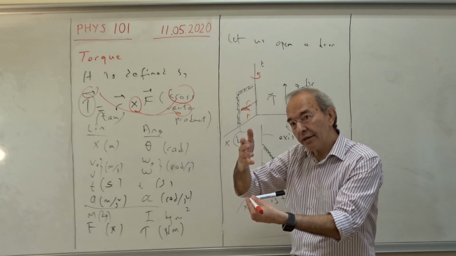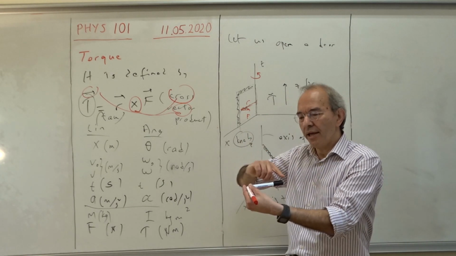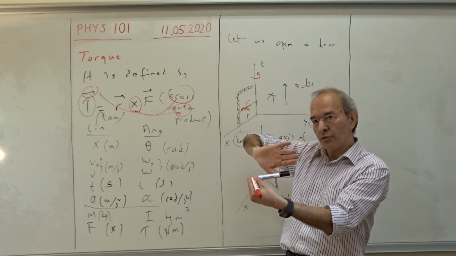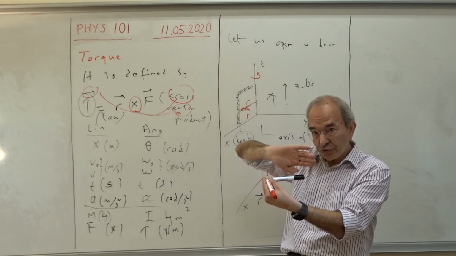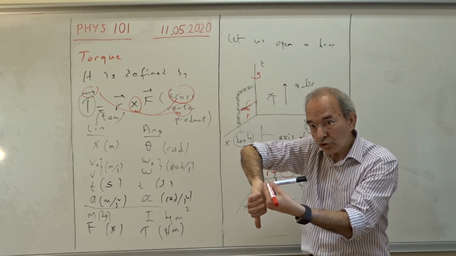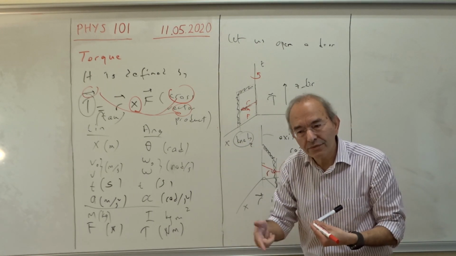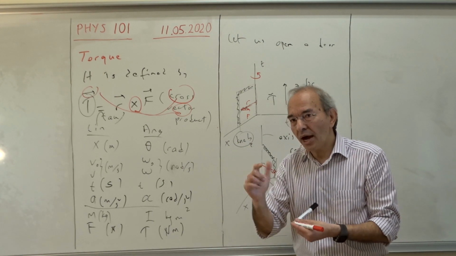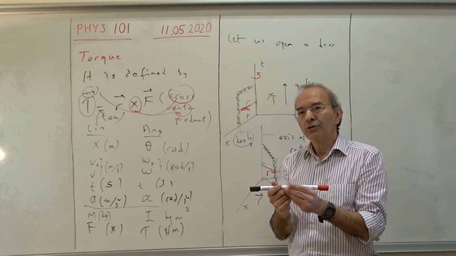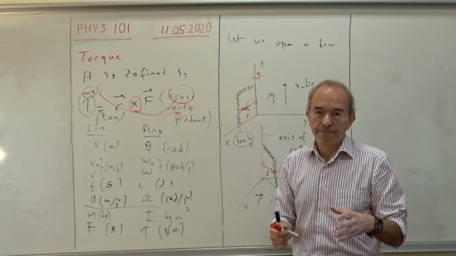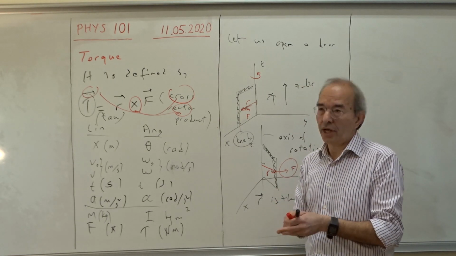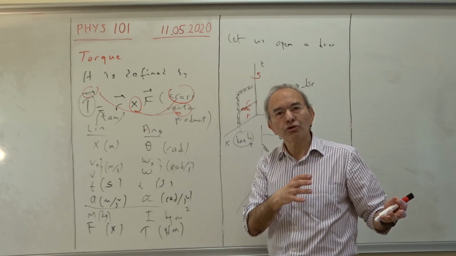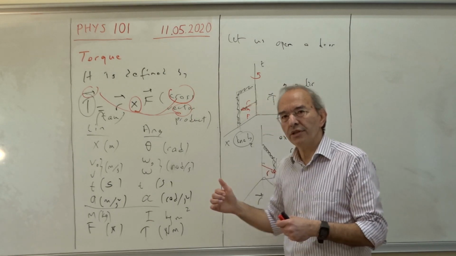But for F cross R, if it were the reverse order, you would curl your right hand fingers from the first to the second, F to R, and your thumb would show just the opposite sense, which is the negative z-axis. So R cross F and F cross R are two opposite vectors. So please be careful about the order, first of all. R cross F, or U cross V, V cross U, as we will see in the examples.